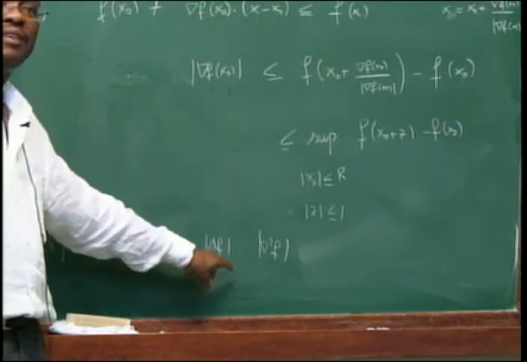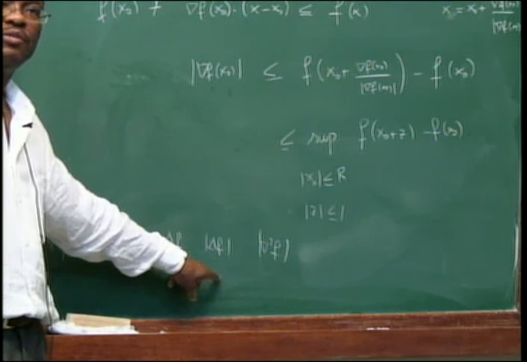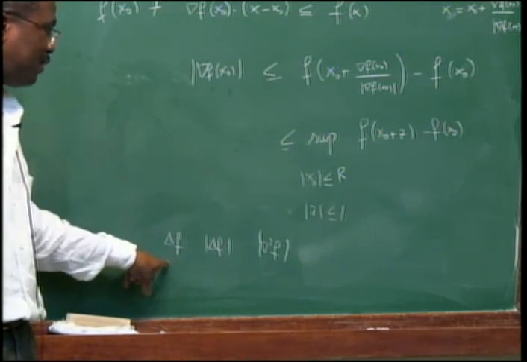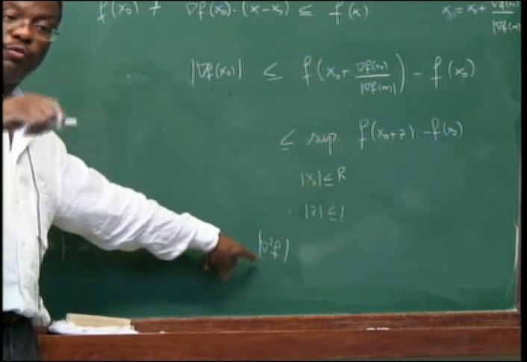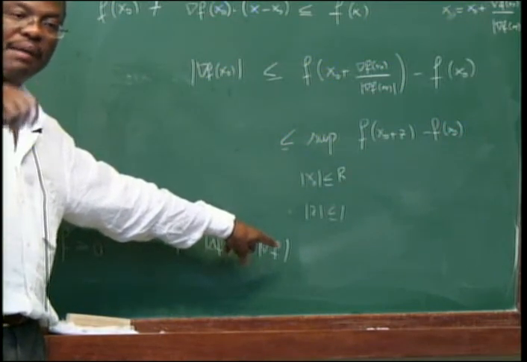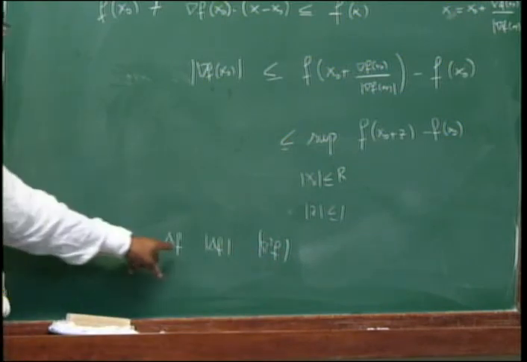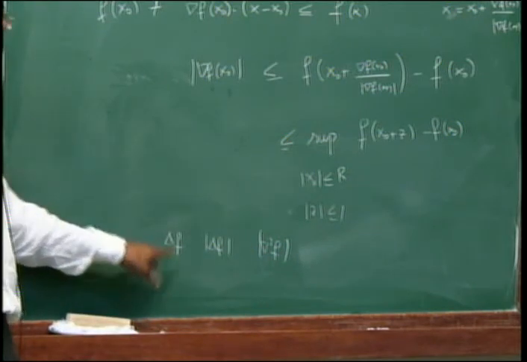This is the absolute value of the sum of the eigenvalues. But the sum is non-negative. This is equivalent to the sum of the eigenvalues, which is equivalent to the square root of lambda 1 squared plus lambda 2 squared, and so on. So if I can show that this is bounded, I am done.